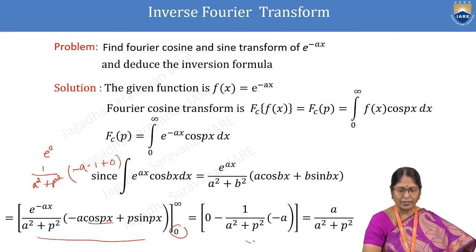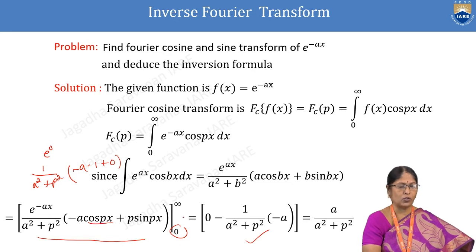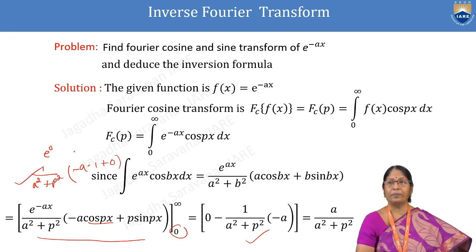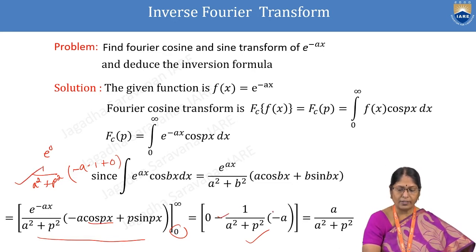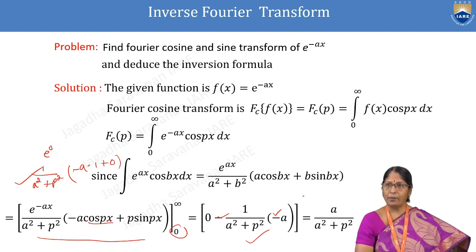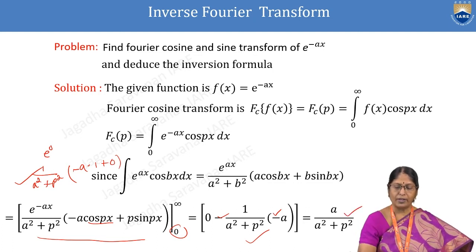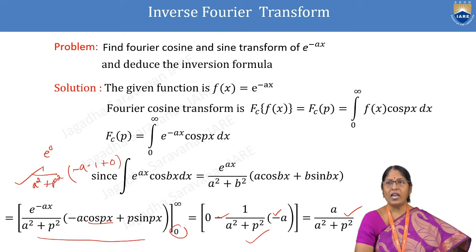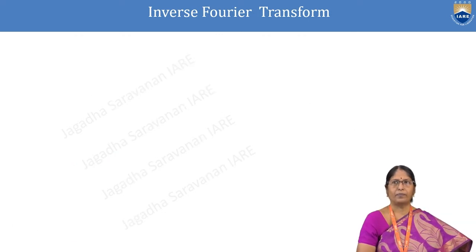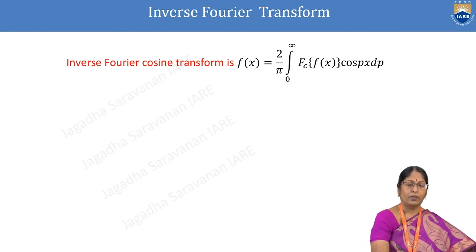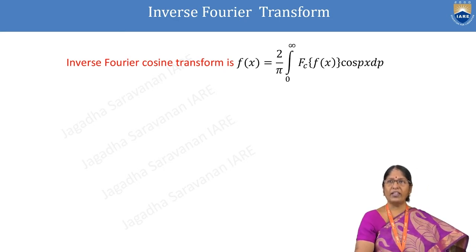That's what is written here: minus a by a square plus b square. This minus becoming plus, so we got a by a square plus p square. So the Fourier cosine transform we got.